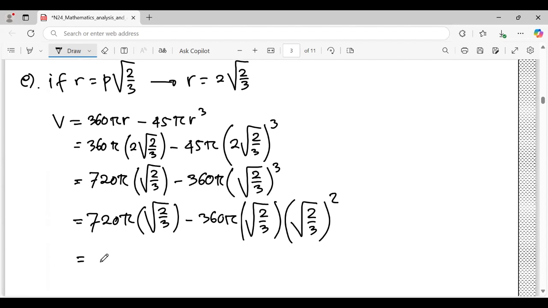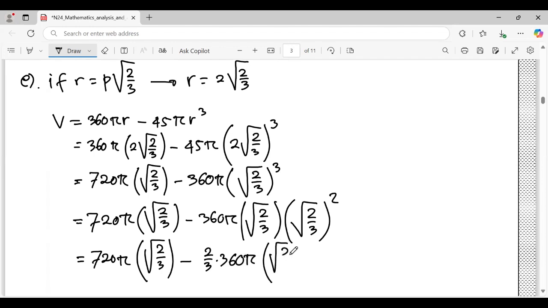So after that, wait, I'm gonna write square root 2/3 like this, minus, and this is 2/3. So 2/3 times 360 pi square root 2/3, like this.